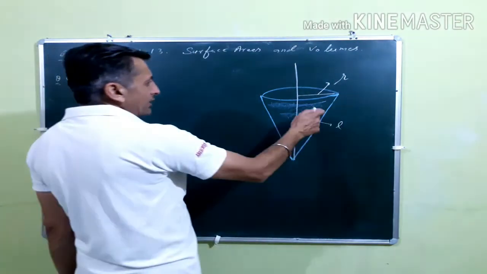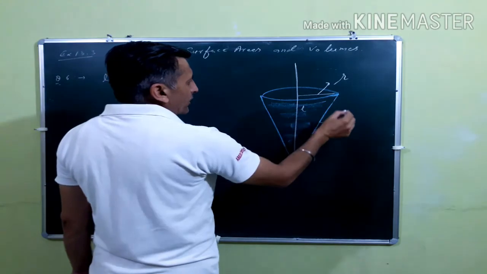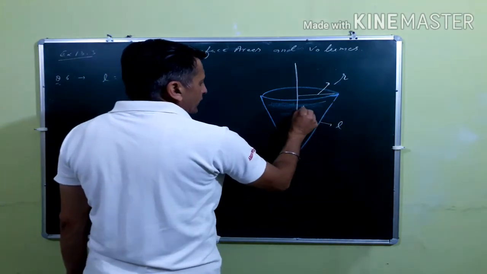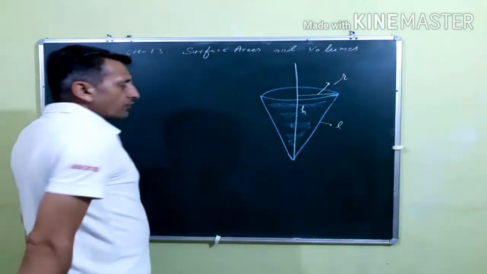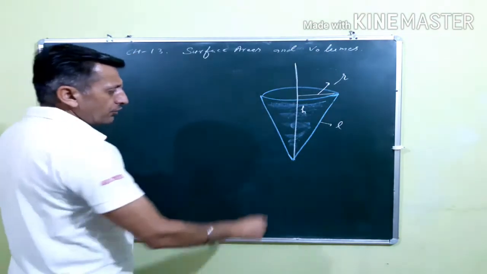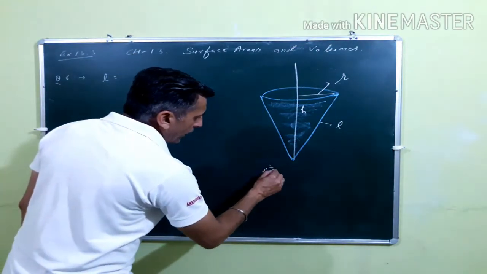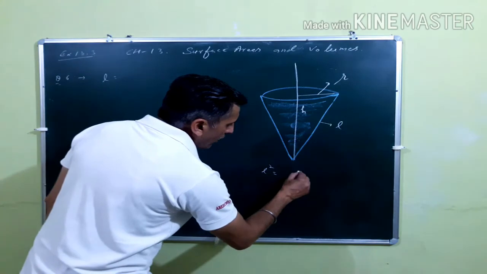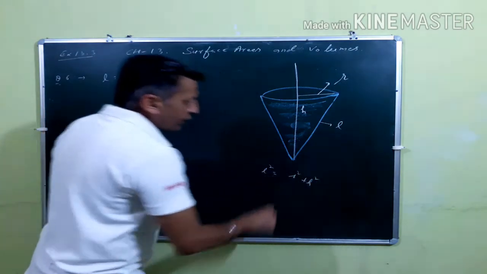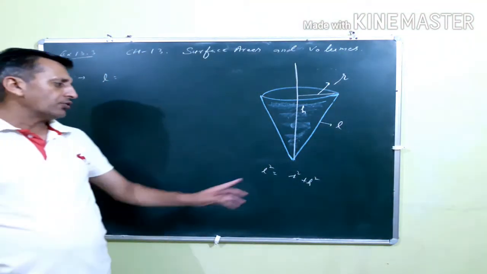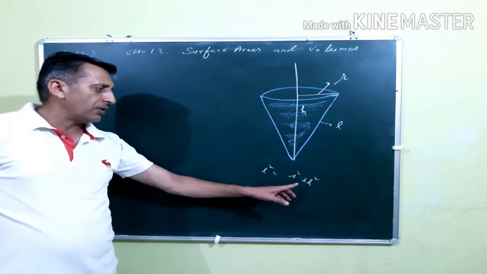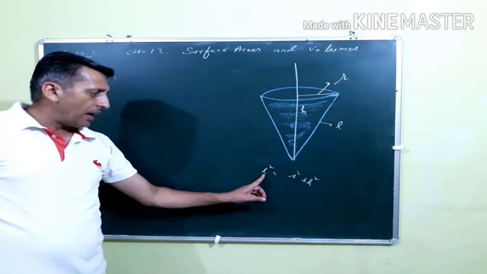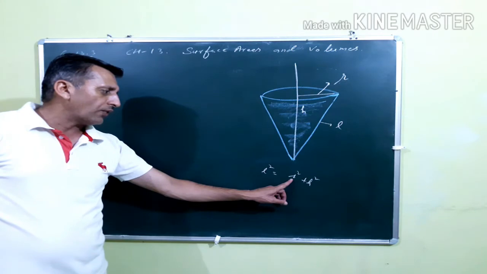And what is the relation between L, R and H? This is in the shape of a right angle triangle, so L square is equal to R square plus H square. So sometimes when L and H are given, then you can find R, and when L and R are given, you can find H.